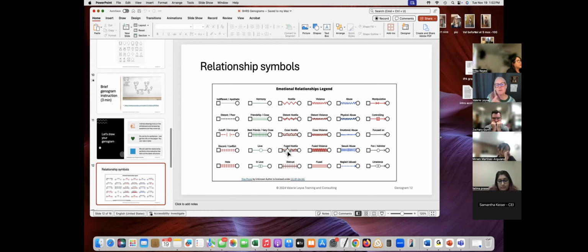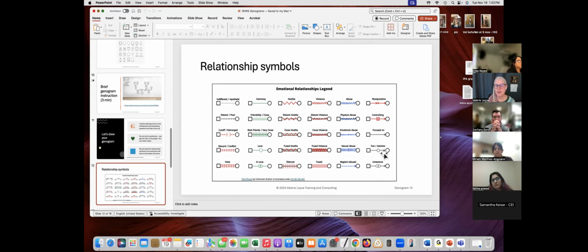Fused means two people who have this dynamic to the relationship where it's like they're almost one person. They don't have separate identities. Their identity is primarily in the relationship. And limerence, I love this word. I had to look it up this morning. Limerence is when you have an obsession merging into a stalking relationship with someone you believe you have a relationship with, but you do not.